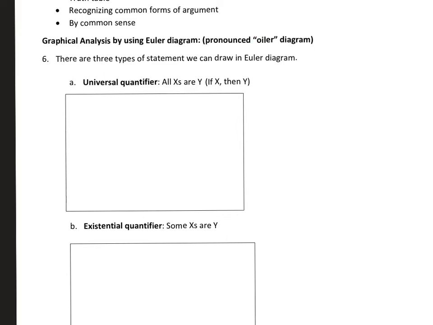diagram. First, there are three types of statements that we can draw. The first statement has a universal quantifier. Universal quantifier means all something is something, right? So all x's are y. If I were to draw a graph of it, it'd be like this. I'm going to draw x here and then y.